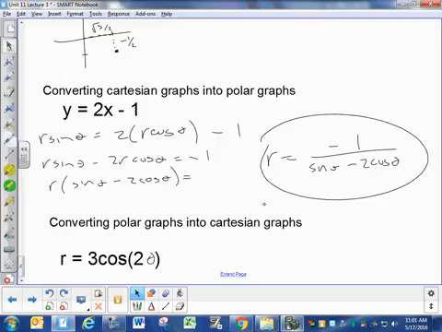Go into your window, and it'll give you theta min, theta max, and theta step, which is kind of telling you how many points they're plugging in. You change your theta step to something smaller, it will give you more points, and you will see the radius increase.